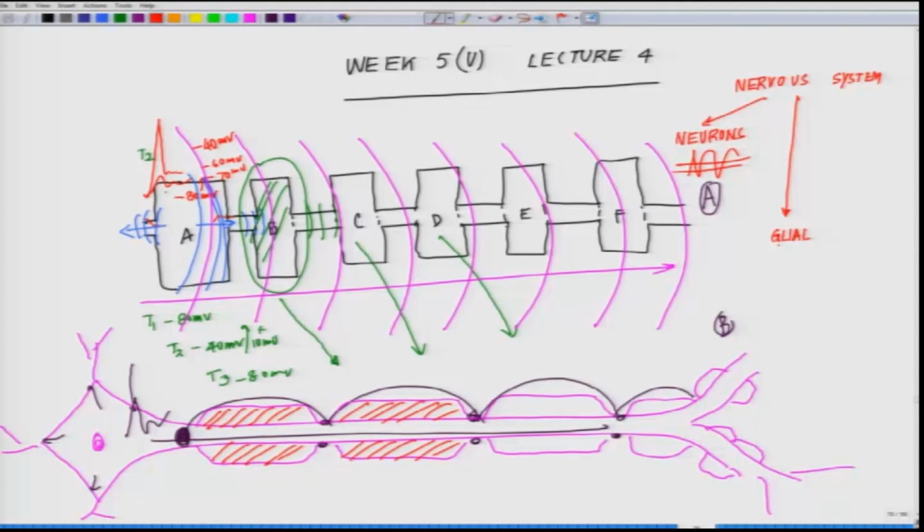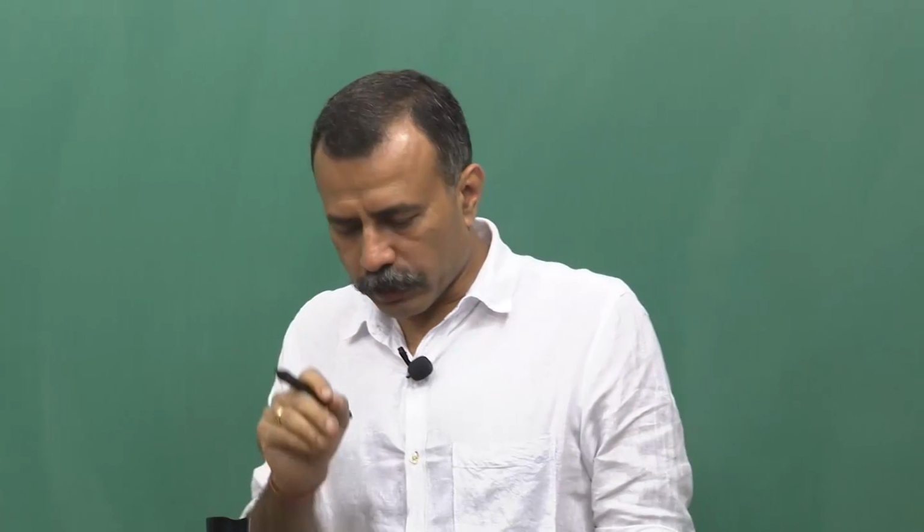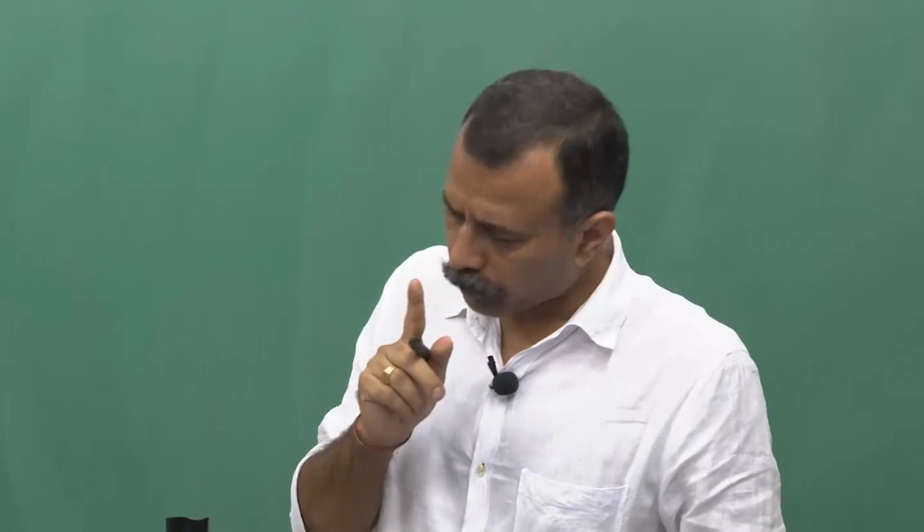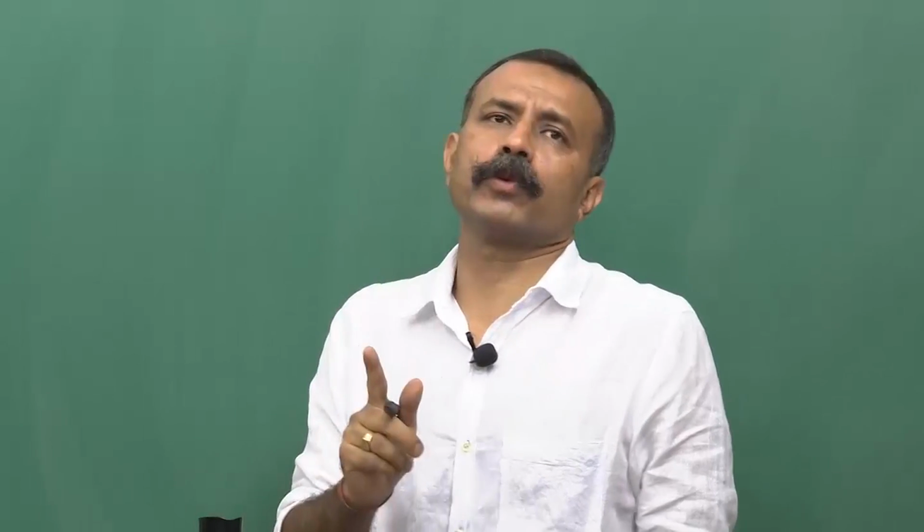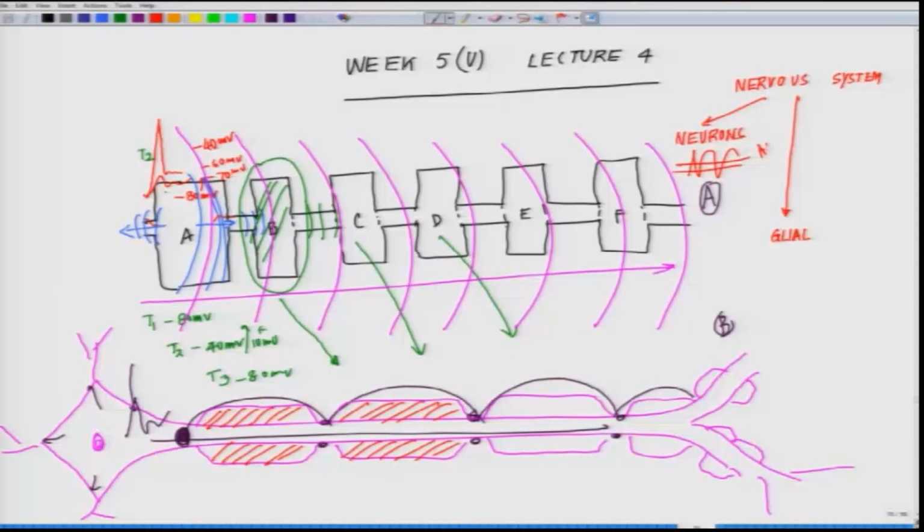Glial cells do not shoot, they have certain electrical activity though, but do not shoot an action potential. So, these shoot AP, action potential, these have no AP. And within the glial cells there are three classifications that we see.